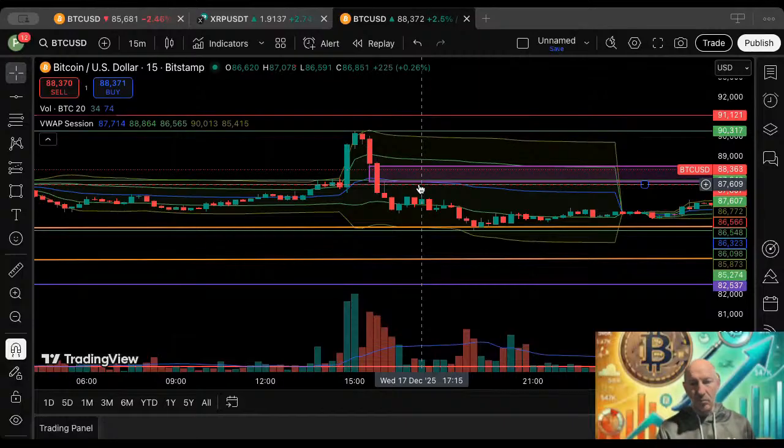Below the blue line, whoever's trading this chart is getting Bitcoin at a discount. If you buy it above the blue line, then you're getting Bitcoin at a premium. So that's why traders wait for price to react at a level and then respond accordingly.